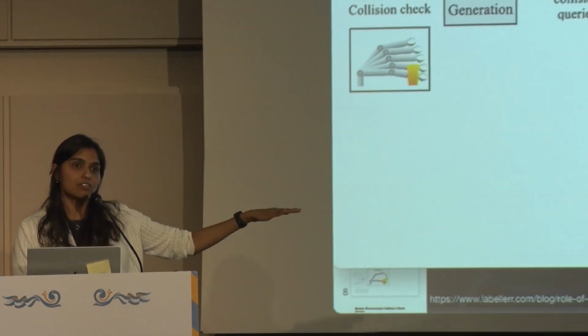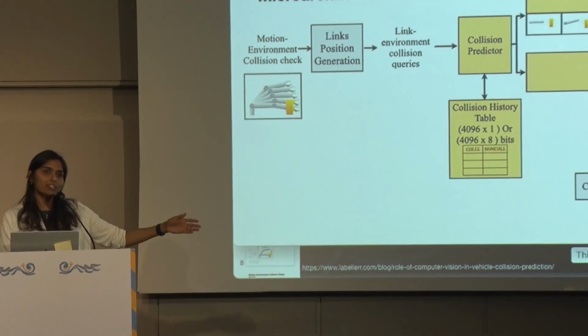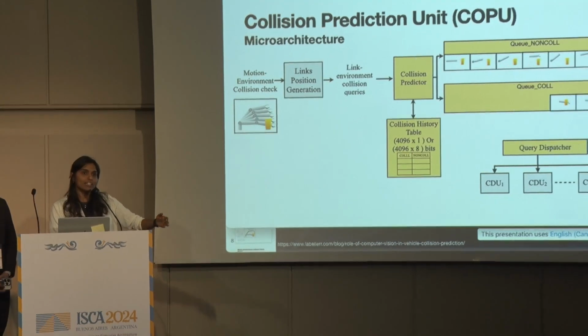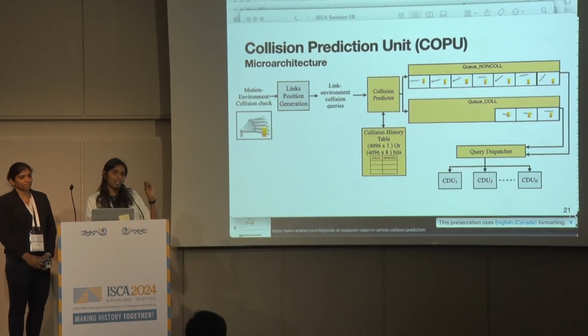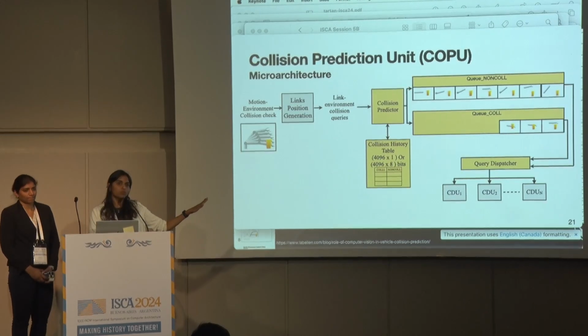If you make a wrong prediction, then you will end up doing the same execution, like the same computation as the baseline, because we are not letting it affect the execution correctness. Whatever entries are predicted and are in queue call, we will execute them first. So if we make a wrong prediction for one or two queries and put them in queue non-call, still there is a good probability that at least one colliding query will be in queue call.